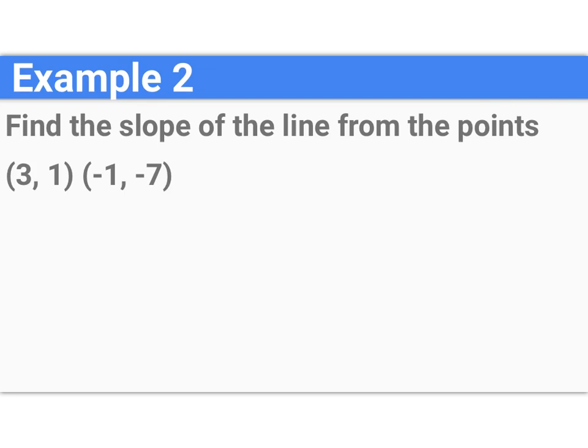So it says find the slope of the line from the points. Okay, so when you have a point, you know you have an x and a y. The x is always on the left and the y is always on the right. So we have one x point and one y point. And then we have a second x point and a second y point.